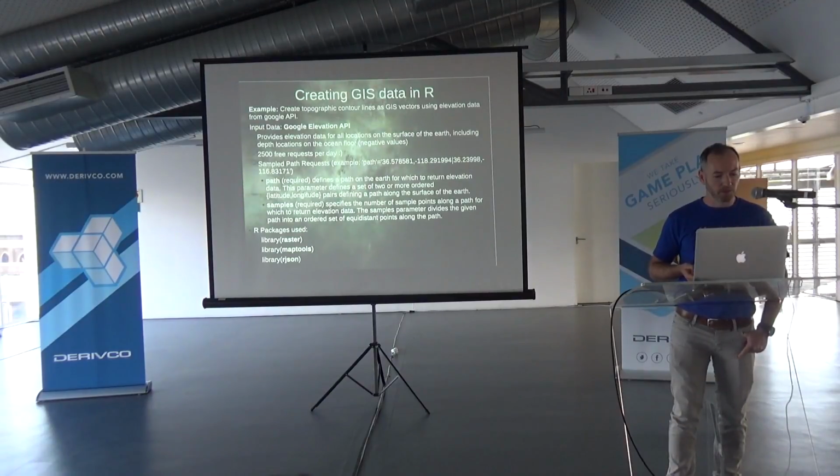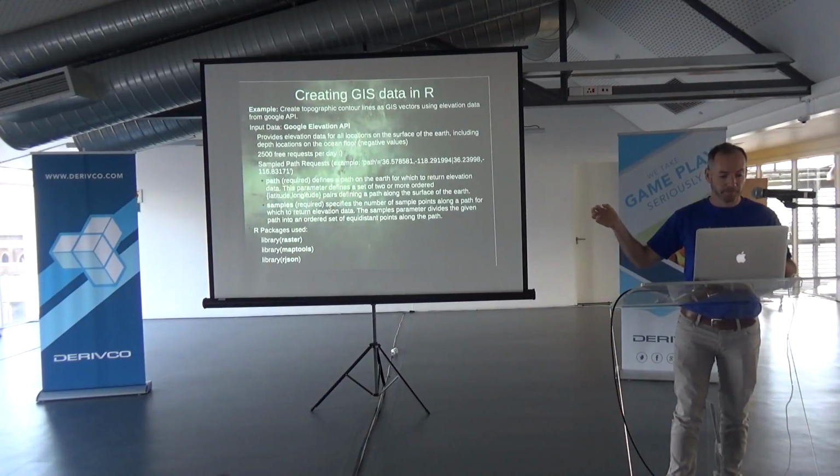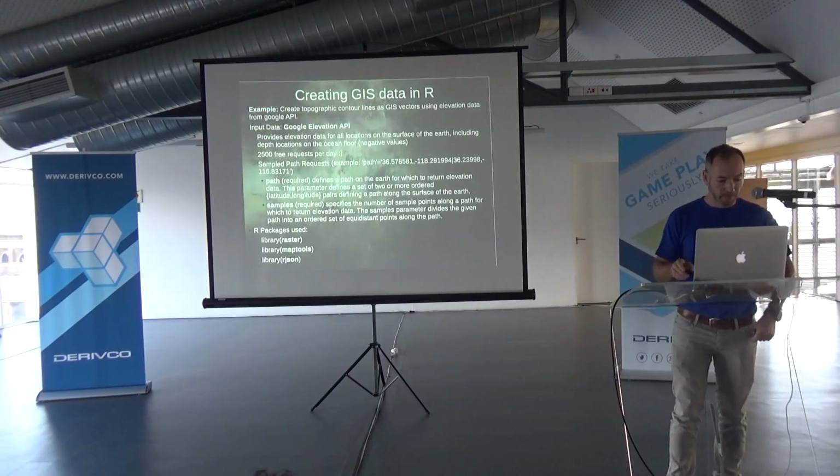And the request is typically a path. You say a path between this point and this point, and you can tell it I want 50 sample points between those two points, and Google will then return you the elevation of 50 points between those two points.